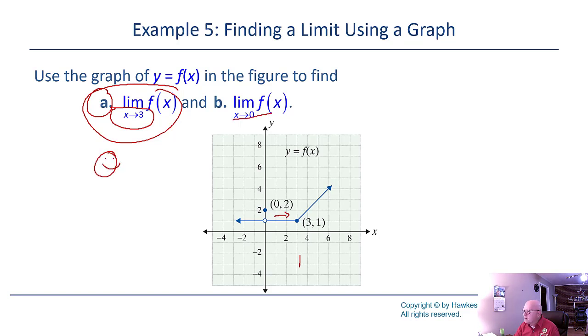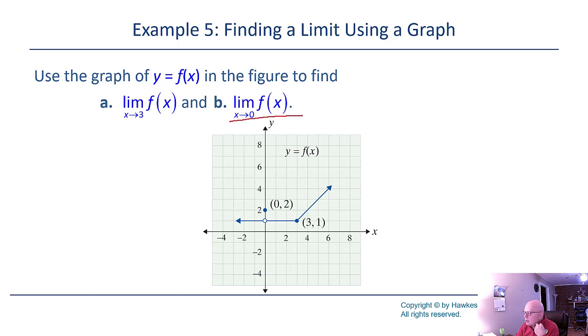How about this one? Limit at 0. Okay, this is a little bit tricky here, so let me do something first. Erase all ink on the side. I think I like that. Okay, we'll take this one. We're talking about getting close to x equals 0.